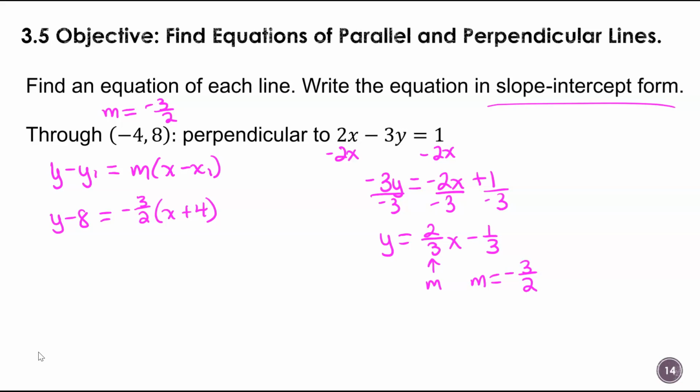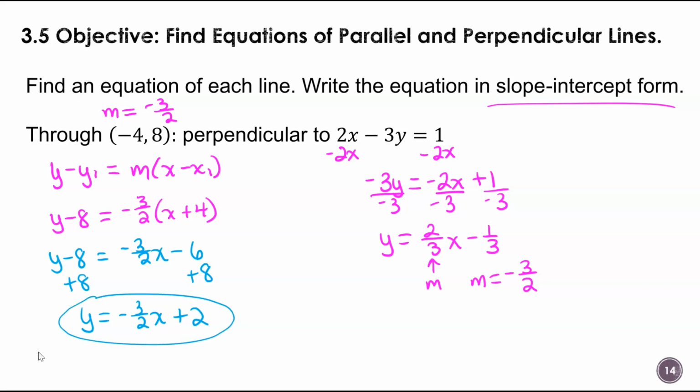We're going to distribute -3/2. So -3/2 x minus, that's like -12/2, so -6. Add 8 to both sides. So the equation of this line will be -3/2 x plus 2. And so we've written that and we're finished. It is in slope-intercept form. Okay.